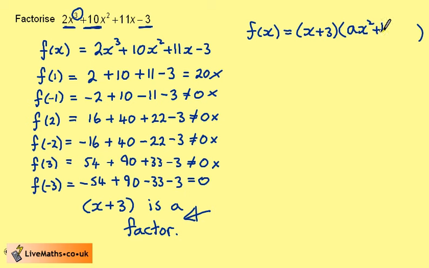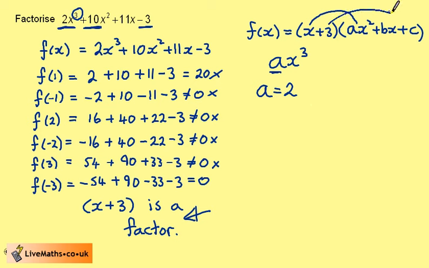Since it's a quadratic, we could say it's ax squared plus bx plus c, and we want to find the values of a, b and c. This multiplication would be the only one that gave us a cubic term, and it gives us ax cubed. So we can compare directly here and see that a must be equal to 2.